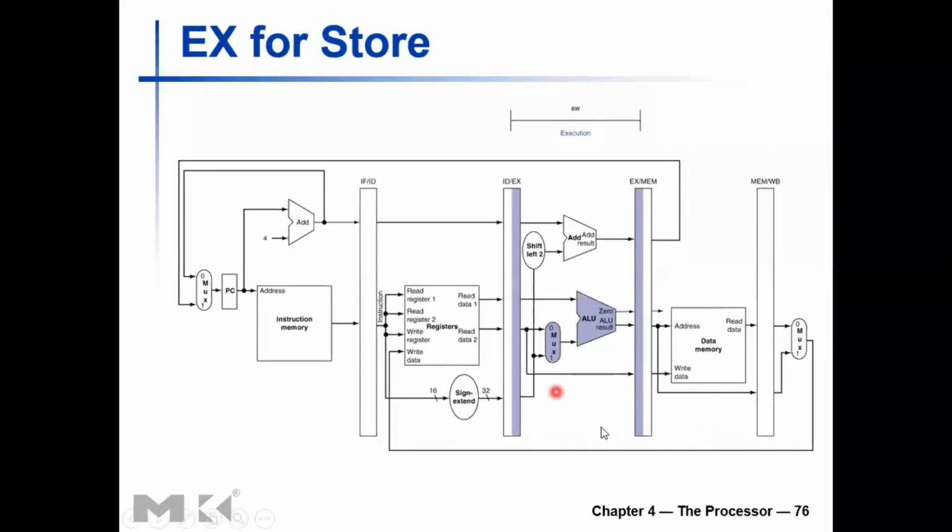For the store instruction, in the execution stage, the address computation is the same, right? You get the base address from the pipeline register. You get the immediate value from the pipeline register.